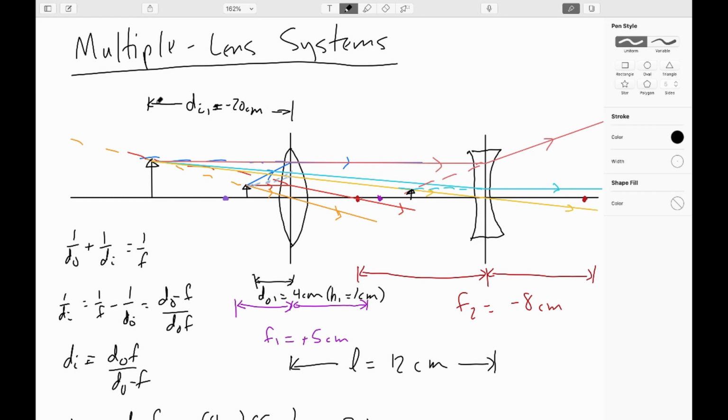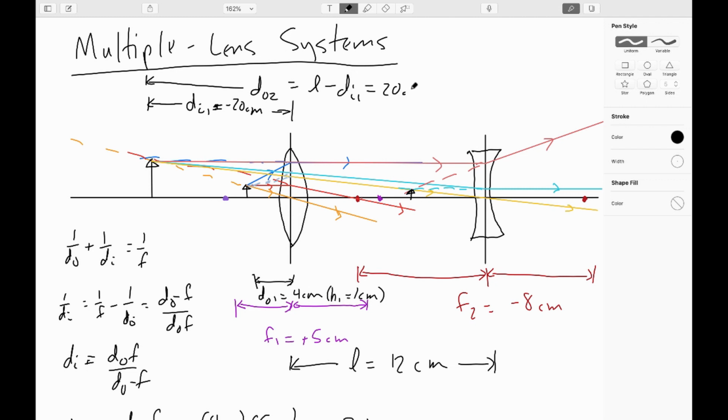The object distance for the second lens is going to be this distance here. So DO2 is going to be this distance L minus the image distance, because we know it's got to be more than 20 centimeters, right? It's going to be 32. So it's L minus DI1.